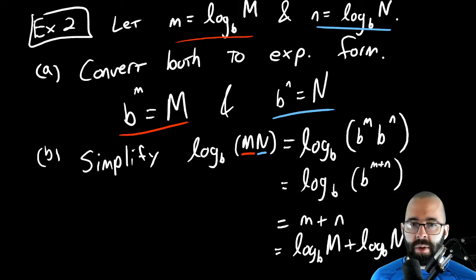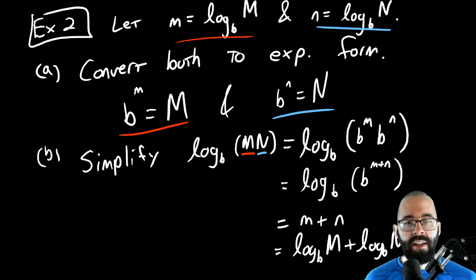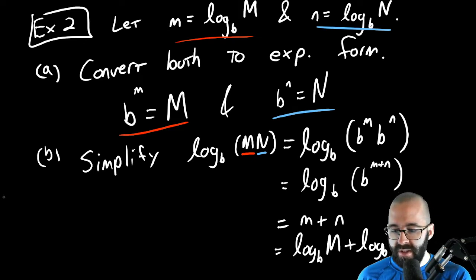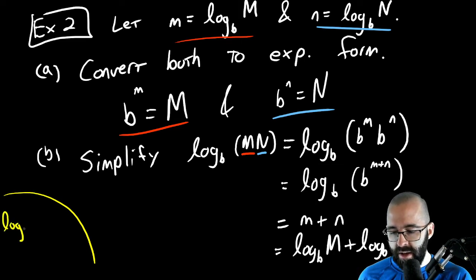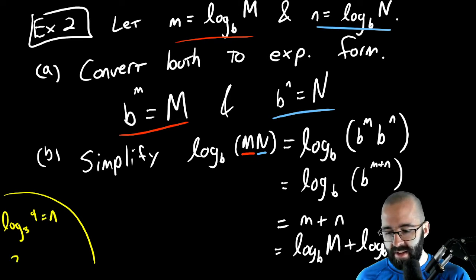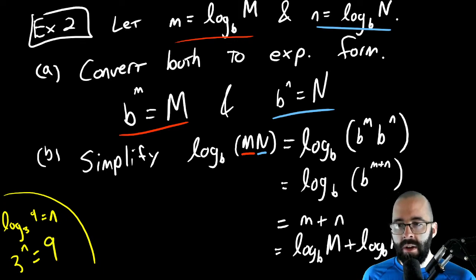So these logarithmic properties we're introducing in this section are just the properties of exponents. Think about a logarithm as an exponent. If I go off to the side and say, how do I evaluate log base 3 of 9? Well, this logarithm is equal to some number, convert it to exponential form. Notice that the logarithm is that exponent.